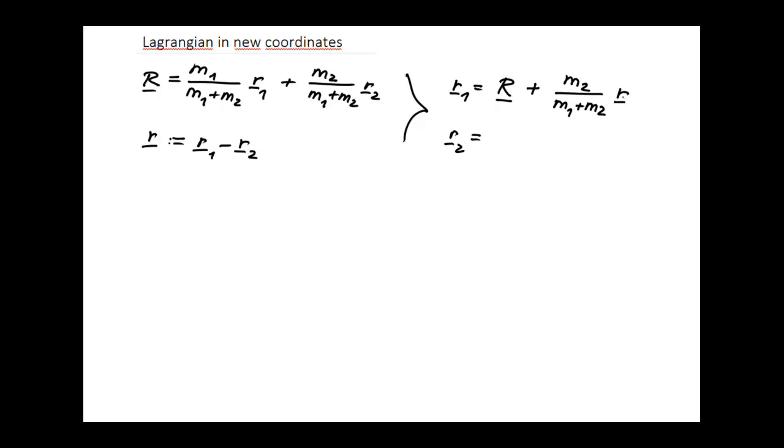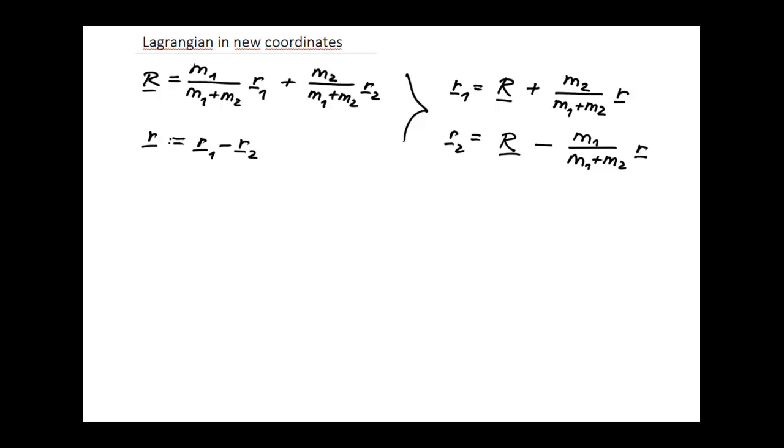This gives you, when you invert the two equations, the position of the first mass. The position of the second mass is the position of the first mass minus the distance vector, little r. So you simply subtract little r from this expression above, and you find that this is the position of the center of mass minus m1 over m1 plus m2 times little r.